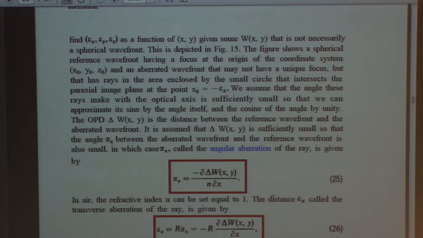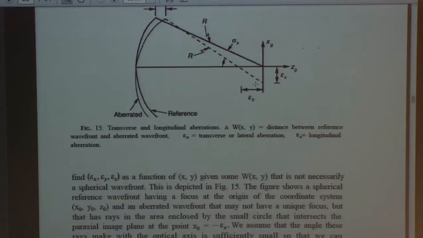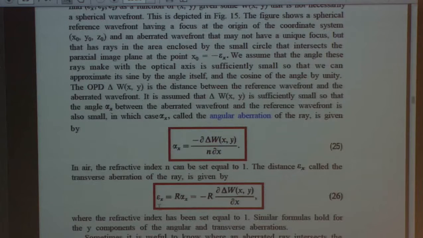So this is the angular aberration of the ray. And epsilon sub x then, if we think here for a second, is just this lever arm r times the angular aberration. So, and I'm going to let n equal 1, so it's just partial delta W with respect to x. So down here we have that epsilon sub x is minus r times the partial of delta W with respect to x.